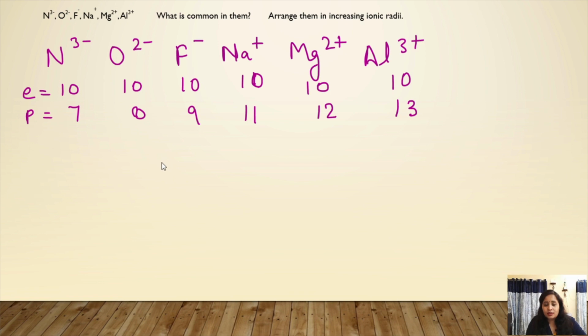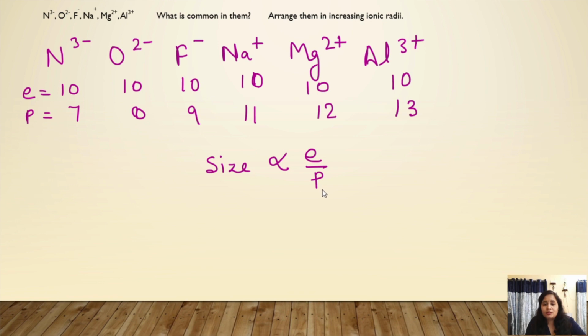So we can consider it in one very simple line. The rule will be size is inversely proportional to E upon P. So more the proton, because E is 10 in all the cases, so E is not changing. So what change matters? Change of protons.